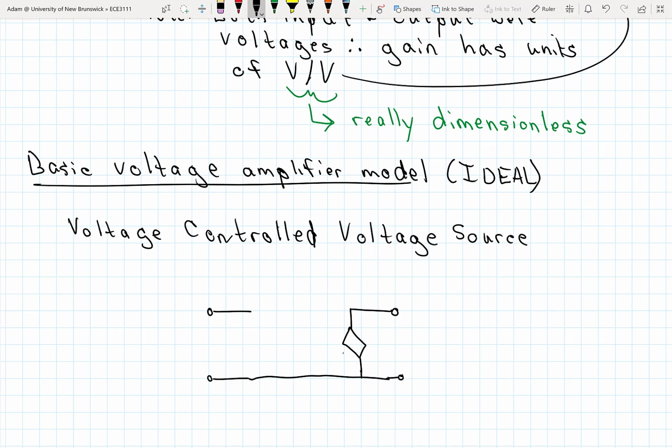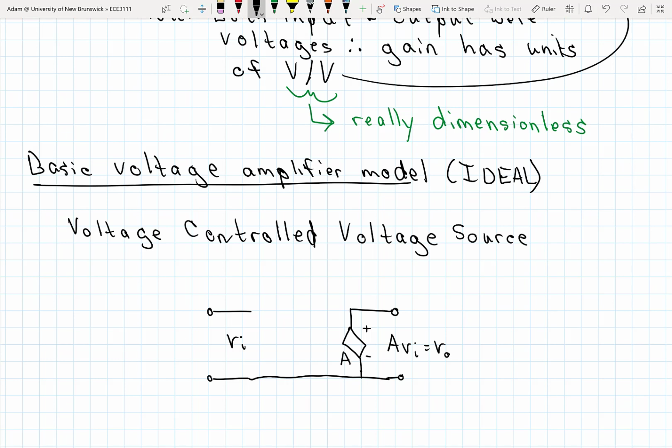Okay, I'll just put an A down here. I'll label this with a positive and negative, and here is where we would apply the input voltage, and out here I produce an output voltage, and that output voltage is a function of the gain times the input voltage.